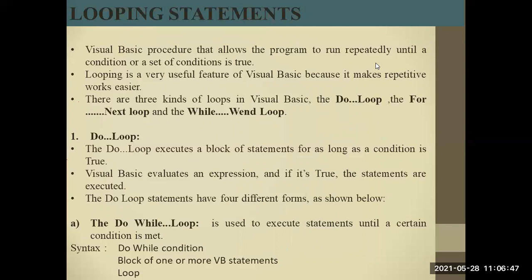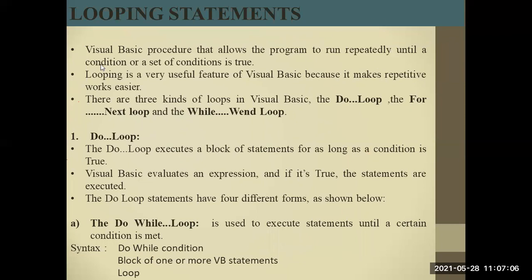As we know, the loop statement is also a part of the control structures. Whenever we require to execute a certain number of instructions repeatedly again and again, we will go for the looping structure.